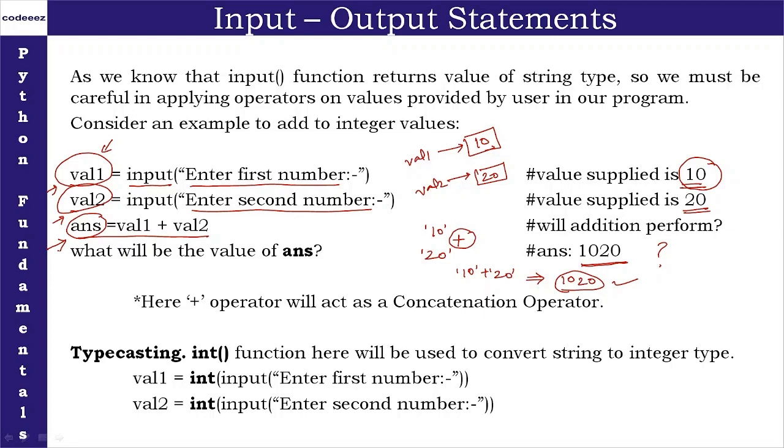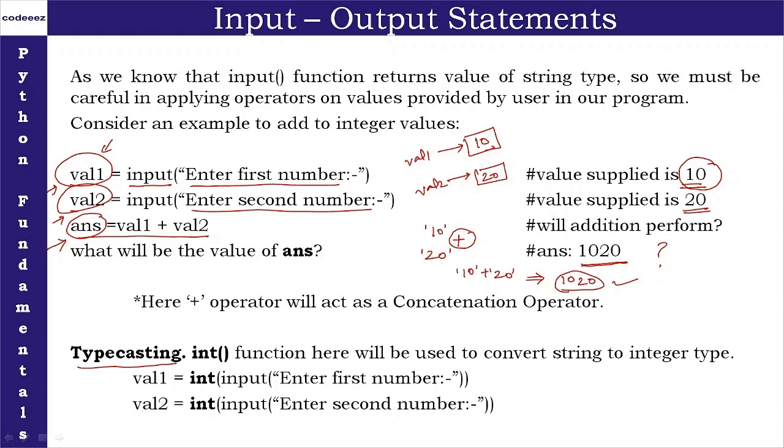What we will have to do, to actually perform the arithmetic operation, is that once the value is supplied by the user, instead of immediately storing it in the variable, we need to change it into the required format. That is, we need to typecast it. Typecasting is simply a change of data type from one type to another.